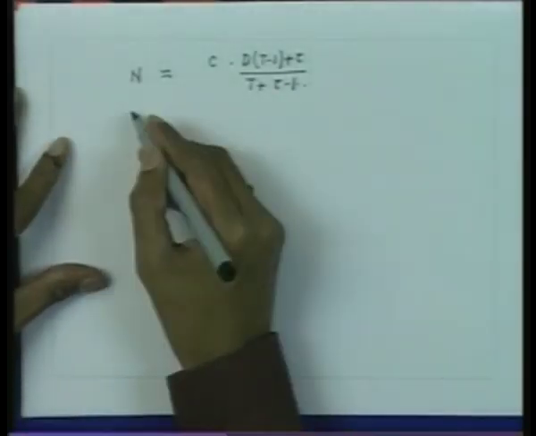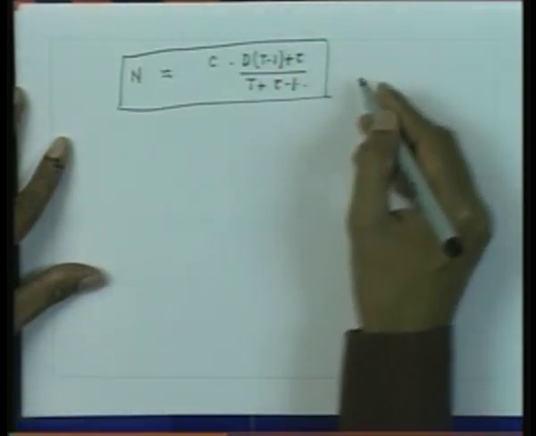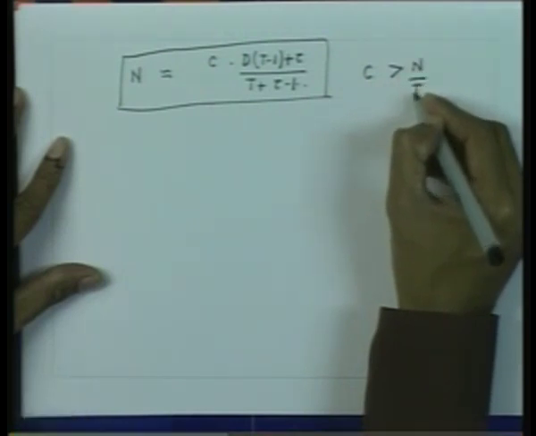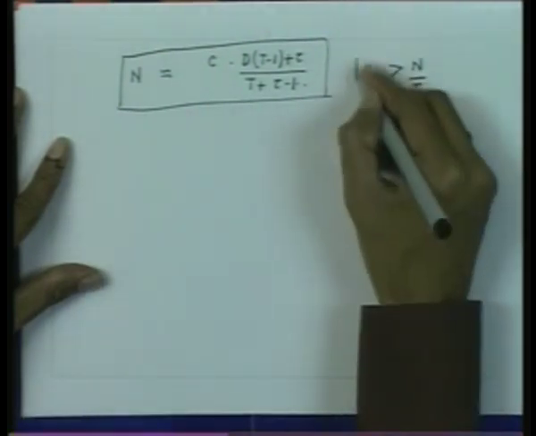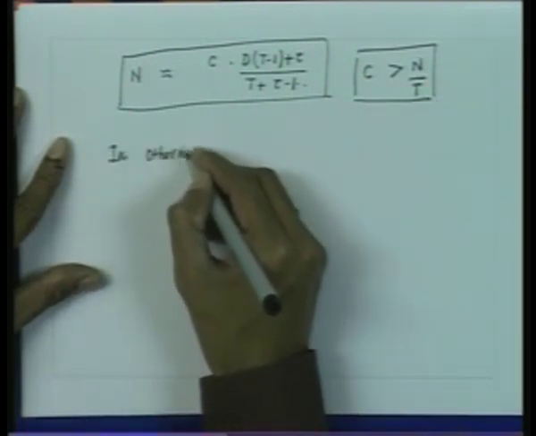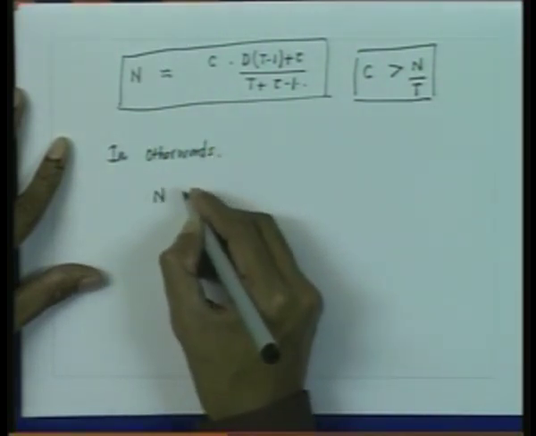Okay, so now let's look at these conditions. What we are saying: n is given by this C into d. At the same time, we have that C is greater than n by t. So these are the two conditions. In other words, we need to satisfy the condition.